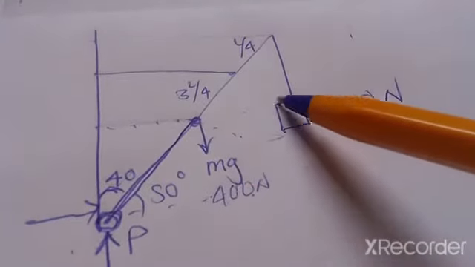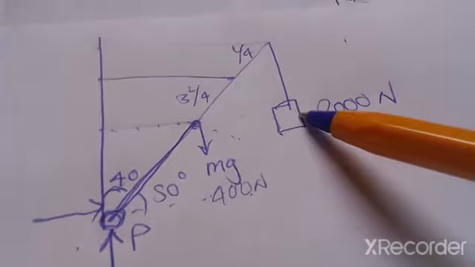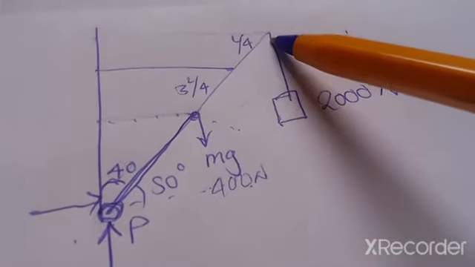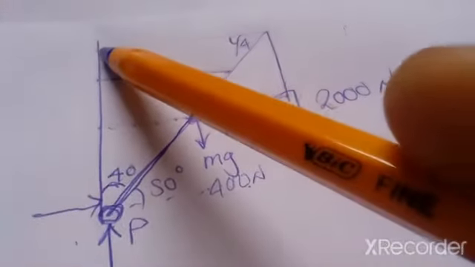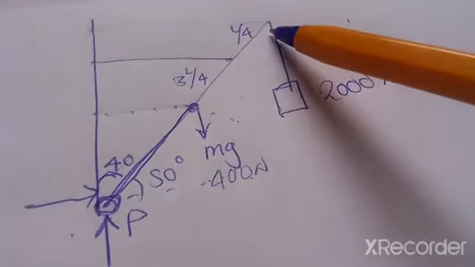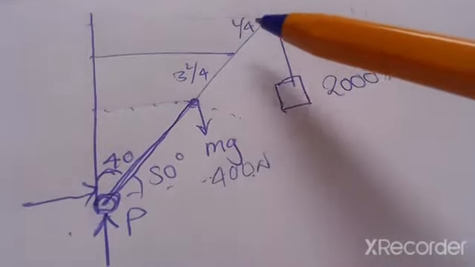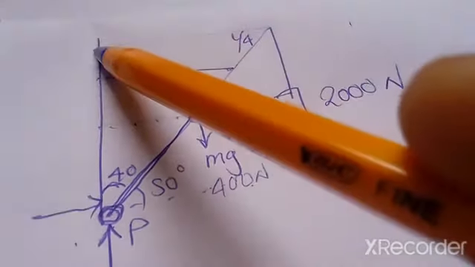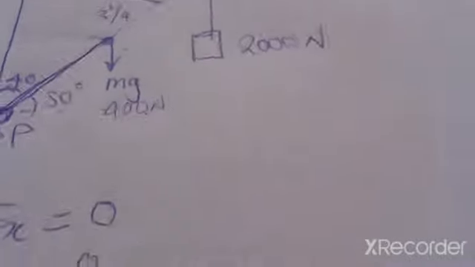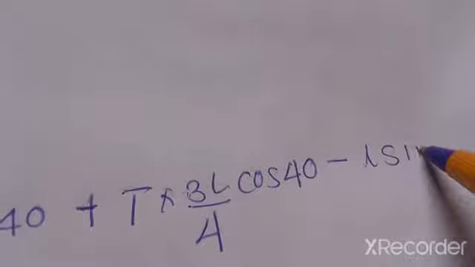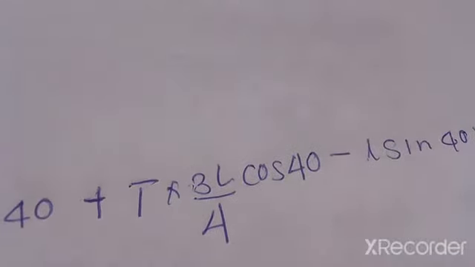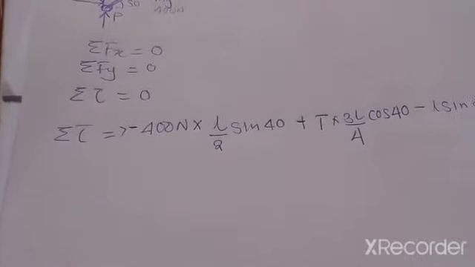Now it has a 200 Newton force hanging from there, and the perpendicular distance is going to be the distance from here to here, and that distance will be L sine 40, multiplied by 200 newtons. Okay, so that's the equation we have.